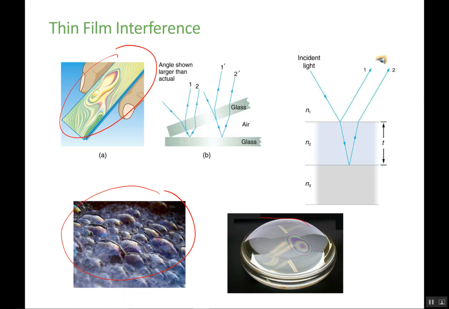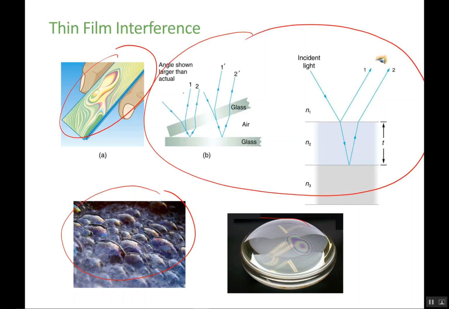So what's happening here is demonstrated by these figures up here. As light passes through a thin, transparent layer of some material, it undergoes refraction. And not only that, but at each boundary, some of the light gets reflected.